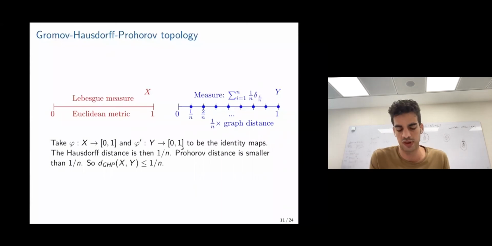The Hausdorff distance is going to be 1 over n, and the Prokhorov distance is slightly more difficult to calculate, but we can couple the two measures such that typically we see points close to one another. So these two are indeed close in the GHP sense.